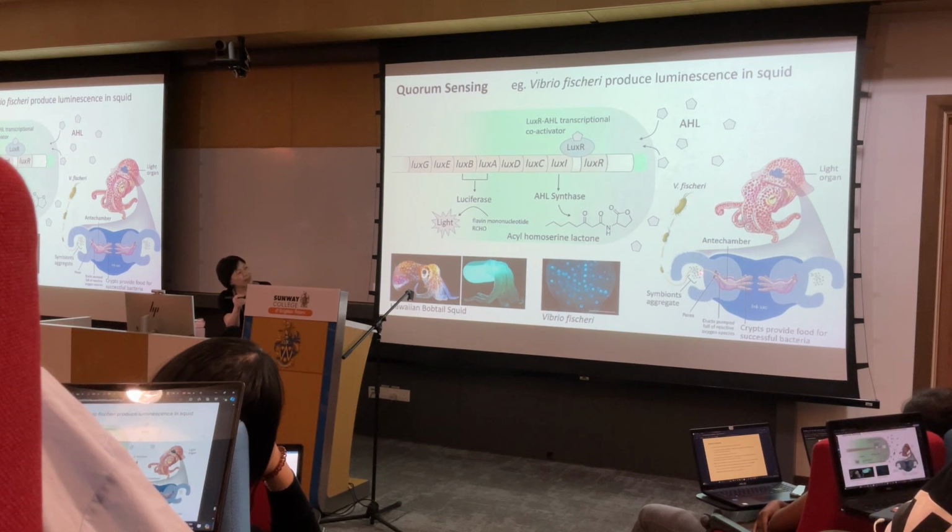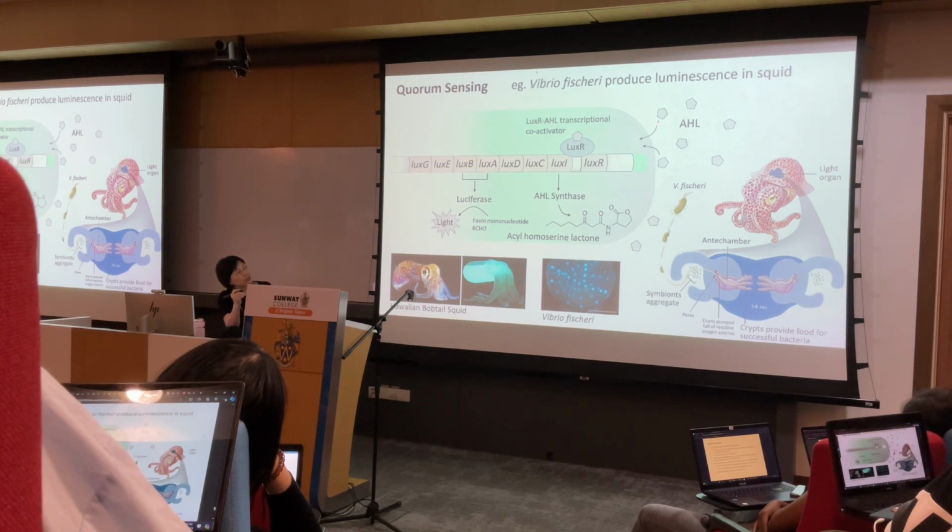So when they have accumulated enough inside here, inside the antechamber, they are actually at a high density. Quorum sensing is only required when the cells accumulate into high density. So they start to release this AHL. The AHL is released inside here, and the other bacteria also have the receptor.